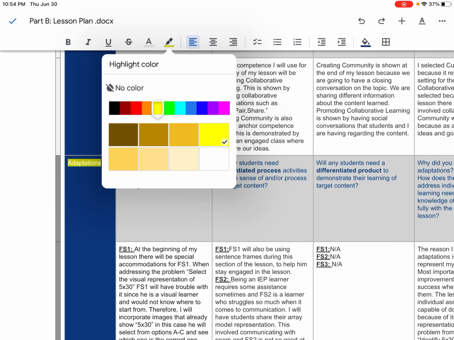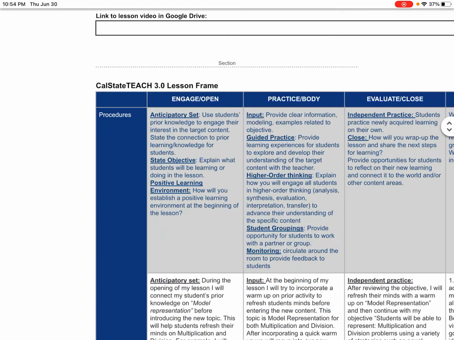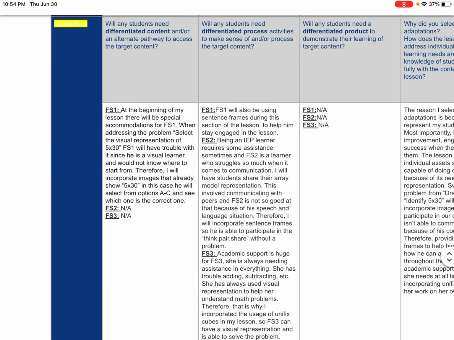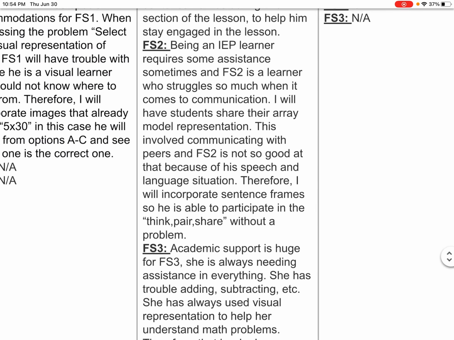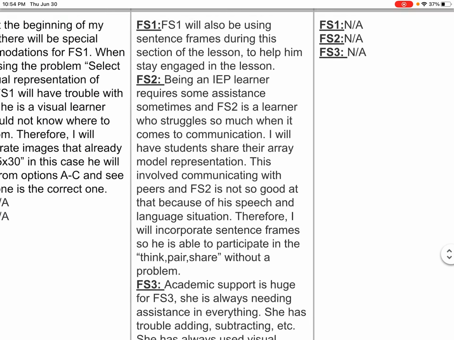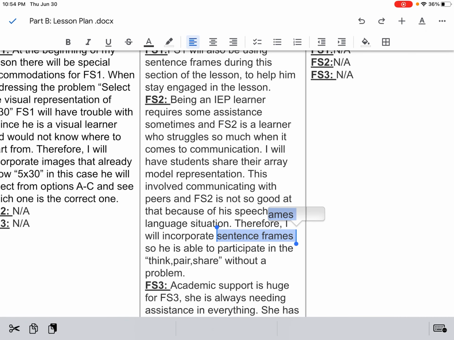you'll be able to see. Sorry about that. Under adaptations, for focus student 2, I talk about how I'll be incorporating sentence frames.